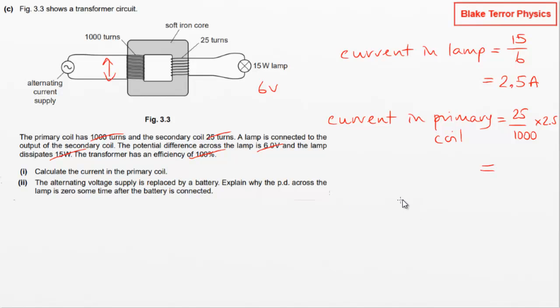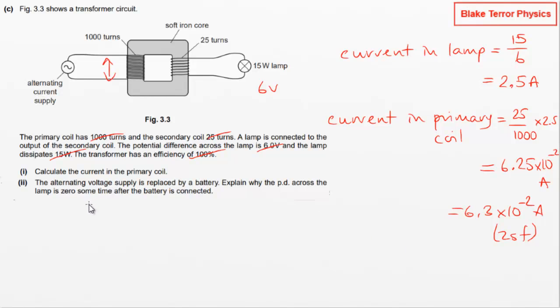That's the whole point of the efficiency. So 25 times 2.5 is 62.5, and then we divide by 1,000. So 6.25 times 10 to the minus 2 amps. 6.3 times 10 to the minus 2 amps to two significant figures.